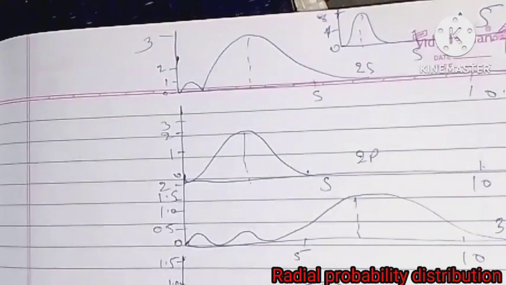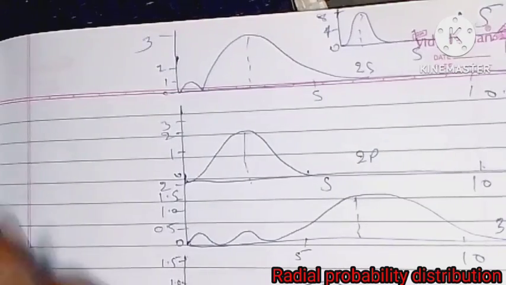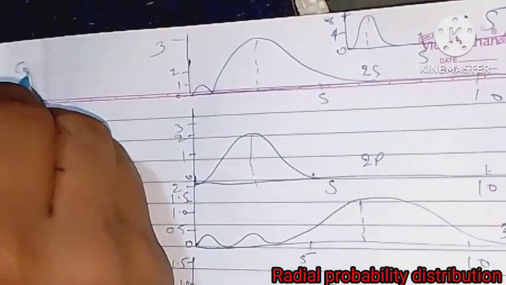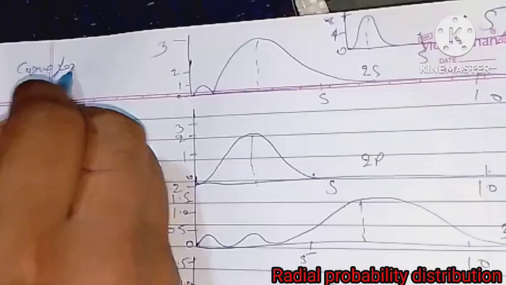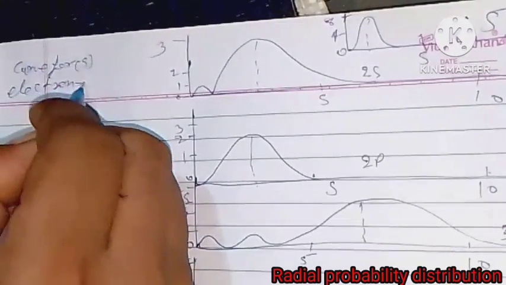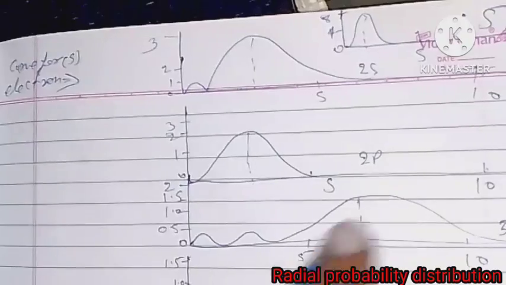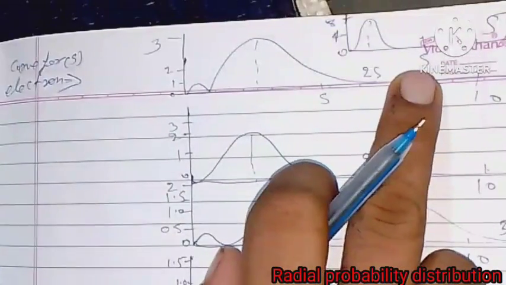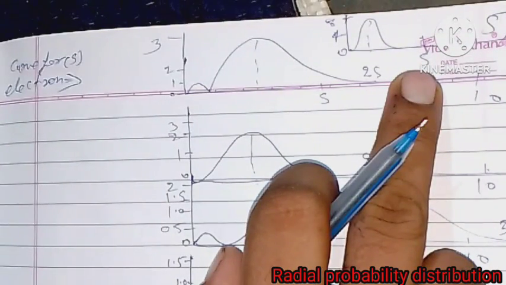Curve for s electron. From the graph of 1s orbital, it is clear that there is zero probability of finding an electron at the nucleus.